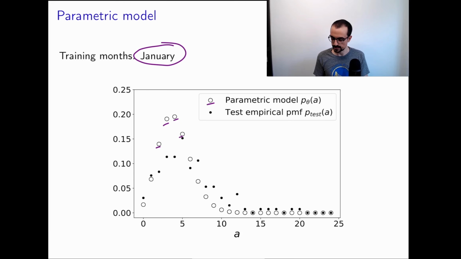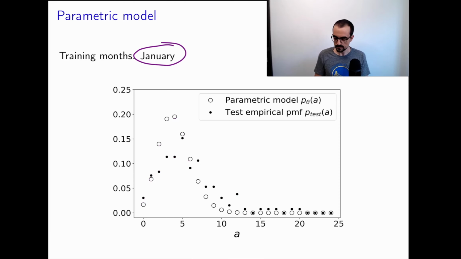We're comparing it to the test empirical PMF, which is obtained by looking at the empirical probabilities from July to December, the last 6 months. And what we see is that the estimate is not bad, but maybe it's not amazing. It does like this, whereas the true PMF does roughly like that. But we're only using 1 month of data.